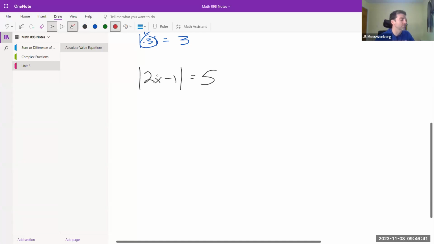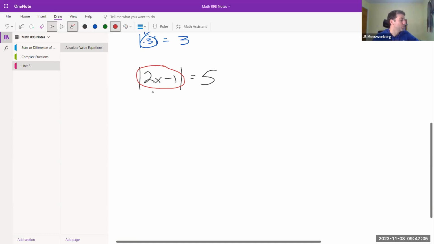So here's what we do. We want to look at just this part that's inside the absolute value bars. And we want to say, how could that thing end up having an absolute value of 5? How could this thing, 2x minus 1, have an absolute value of 5?